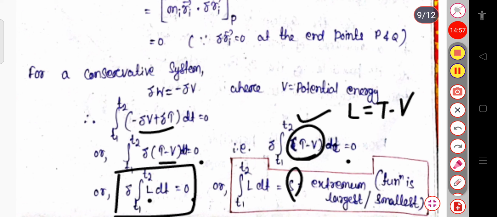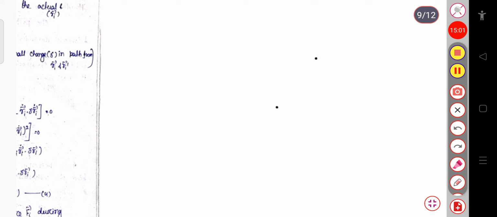So simply, Hamilton's principle states that for the two points, if I consider the actual path like this and any neighboring path, you can see there is a difference between the two paths.